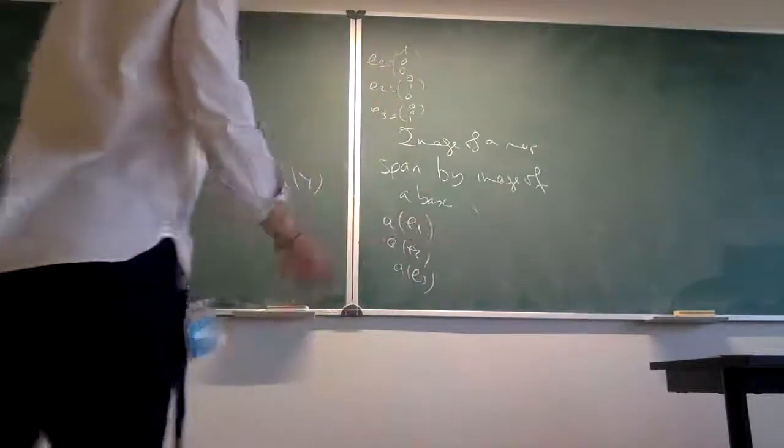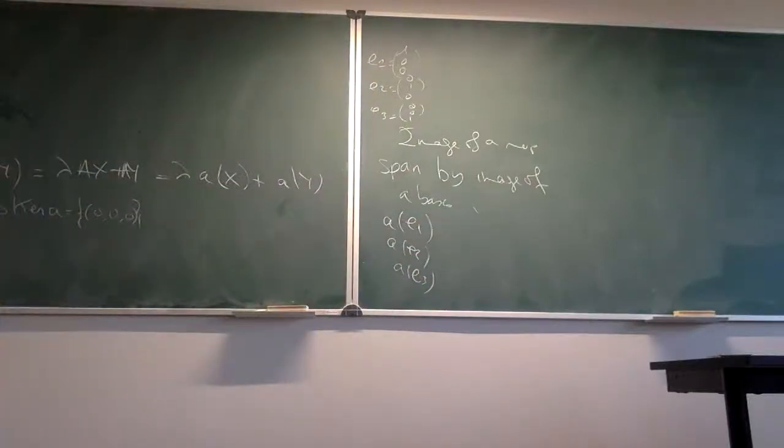What is the image of 1, 0, 0? What do we get? 1 times this plus 1, and then 1 times that for the second one, and 1 times this for the third one. So what do we get?